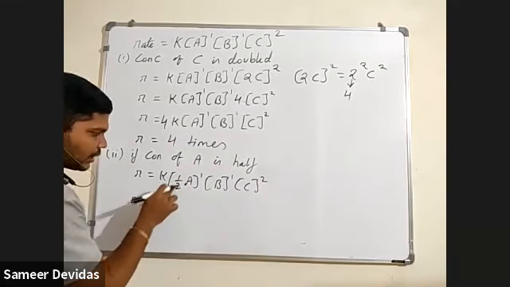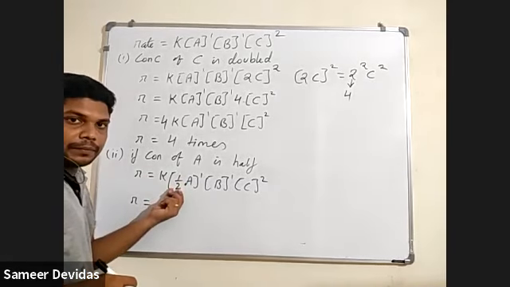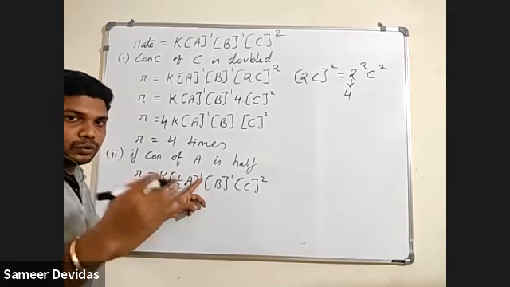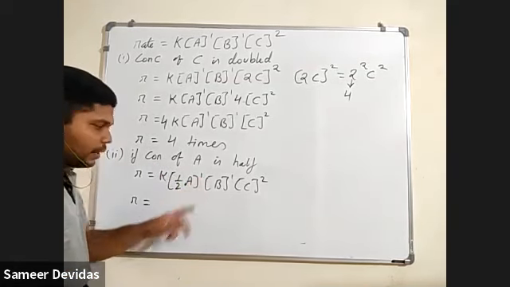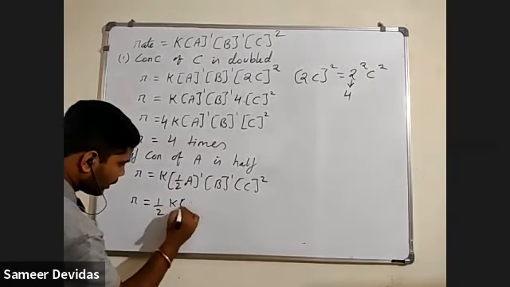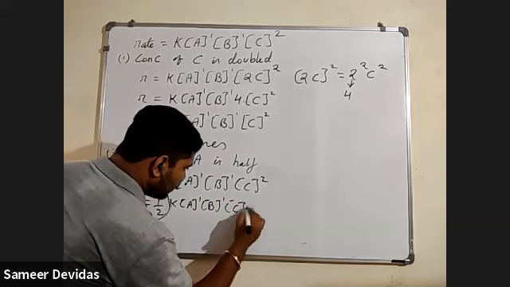So does this change anything? If you remove it from the outside of the bracket, will it change? No, sir. It will remain the same, because here what number is there? 1. If suppose 2 or 3, then it will multiply. Here only 1 is there. So I'm just removing it. Half K A raised to 1, B raised to 1, C raised to 2.